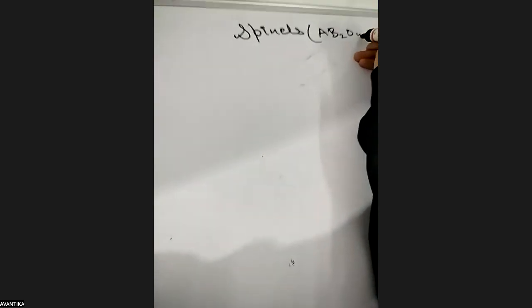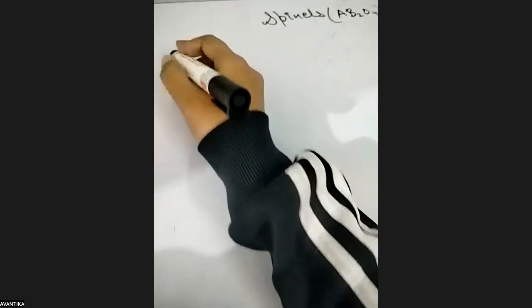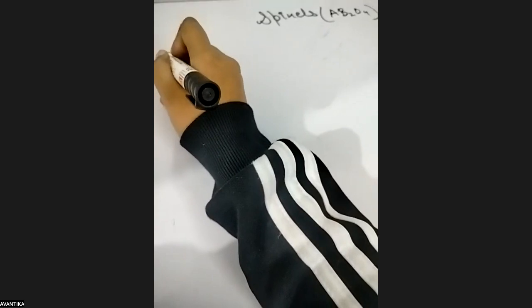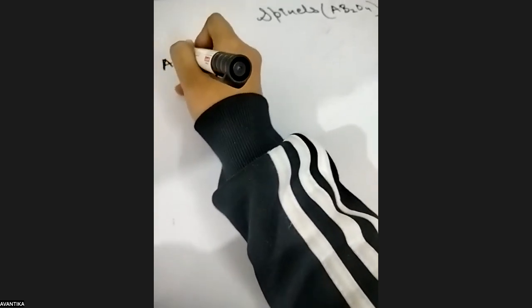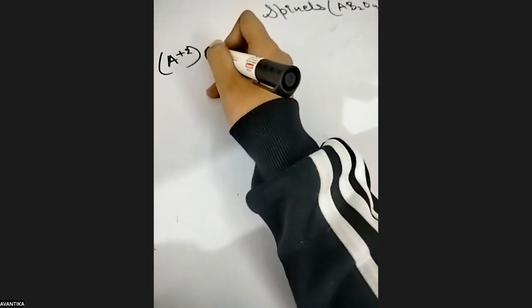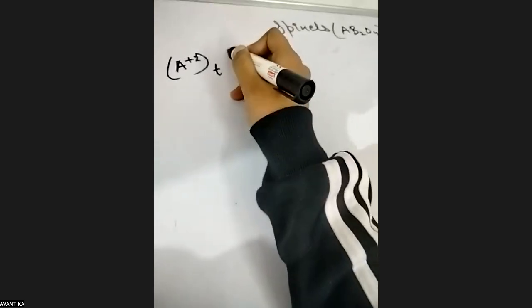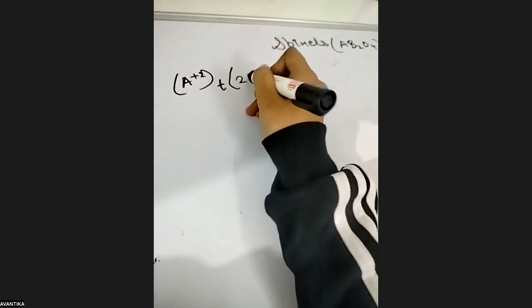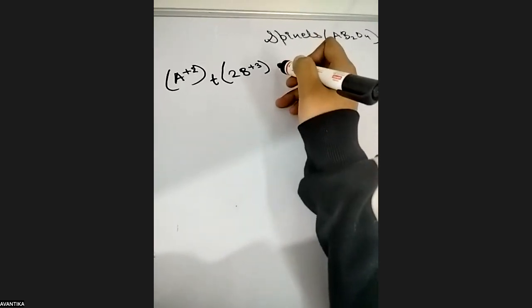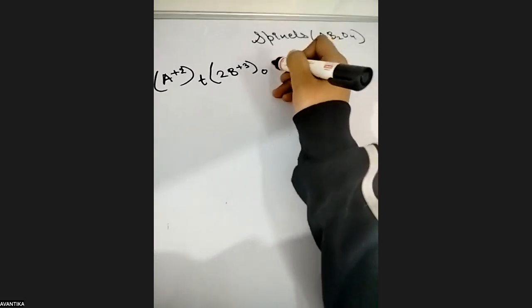There are two types of spinels, normal spinels and inverse spinels. In normal spinels, one metal is in +2 oxidation state, which is present in tetrahedral void, and another metal is in +3 oxidation state, which is present in octahedral void, and the oxide ion is present in FCC.